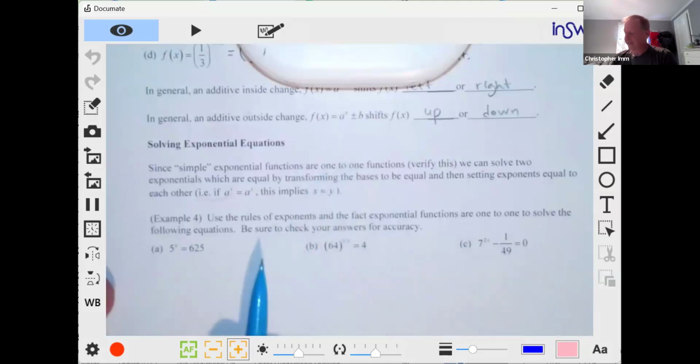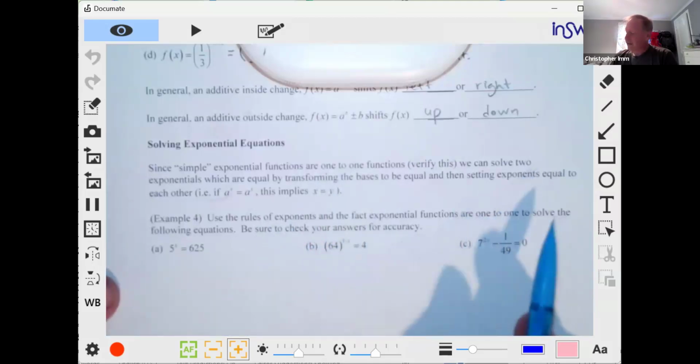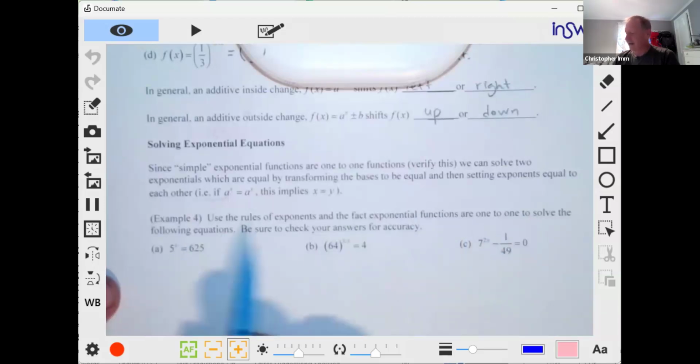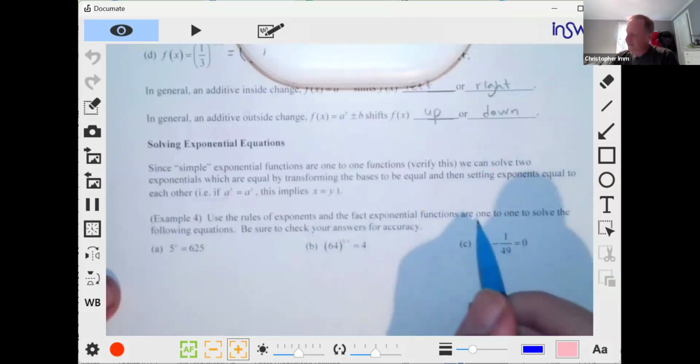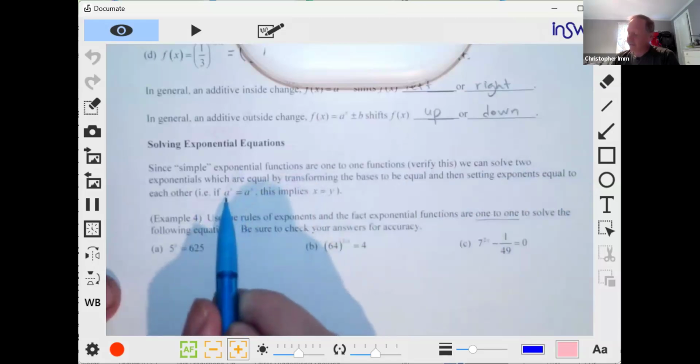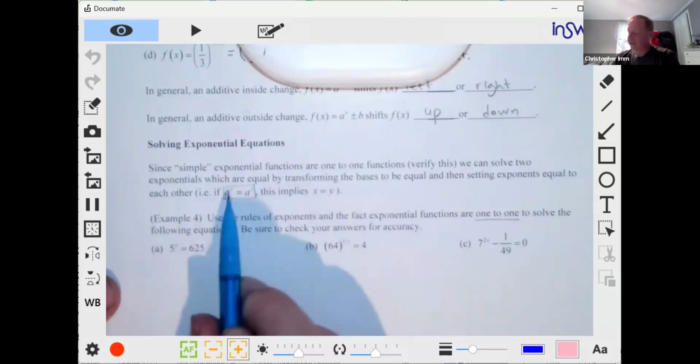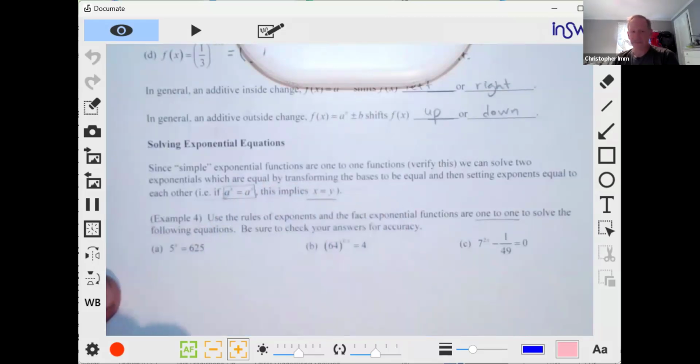So here I want to use those rules of exponents to solve the equations, and we're going to know that these functions are one-to-one. So when we can get those same bases equal to each other, their exponents will be equal to each other.